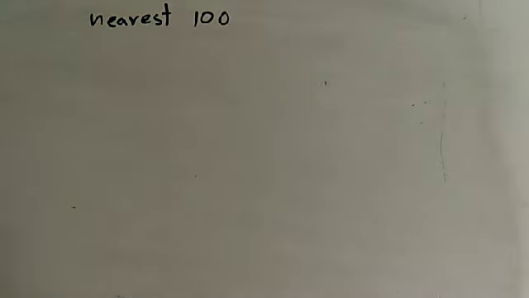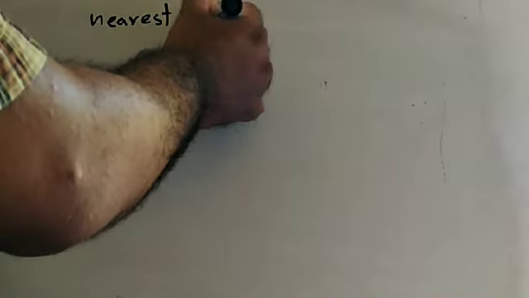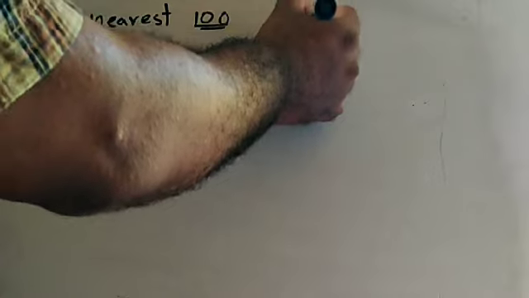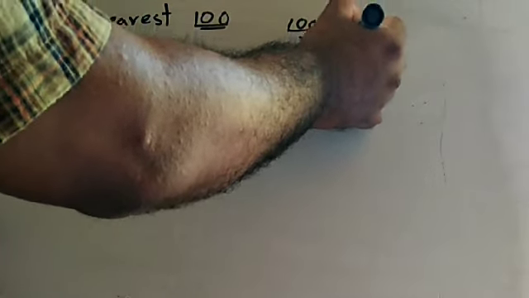Then round off to nearest 100. Then you should know this. Here 100. The half of 100 is 50.